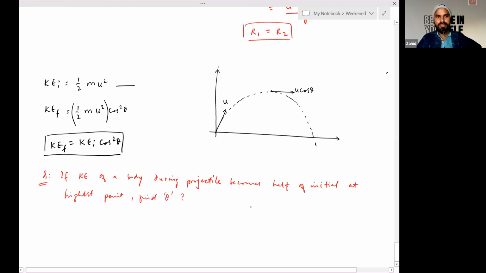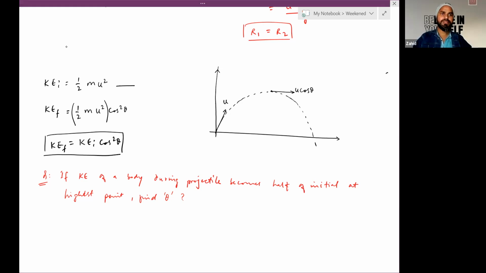Just put this value in this above relation and try to find theta. Try to solve.